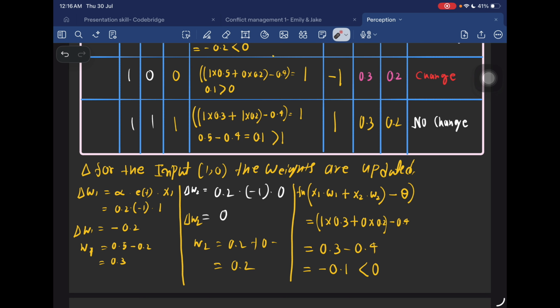Our activation function result comes to 0.1, which is obviously greater than 0, so our value becomes 1. Then there is no issue because 1 minus 1 equals 0, so there is no change. The weights stay 0.3 and 0.2.